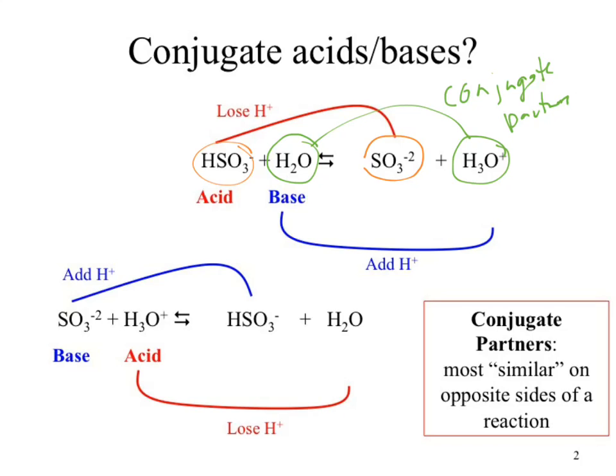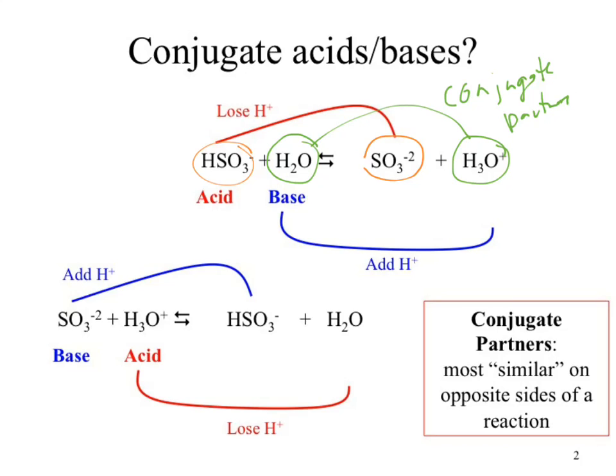If we want to take that a step further, we can now look at their chemistry. If we take a look at SO3 minus 2, yes, it is the conjugate of HSO3 minus. But how would it act? What is its conjugate? Is it a conjugate acid or is it a conjugate base? Well, to figure that out, we could look at our reverse reaction.